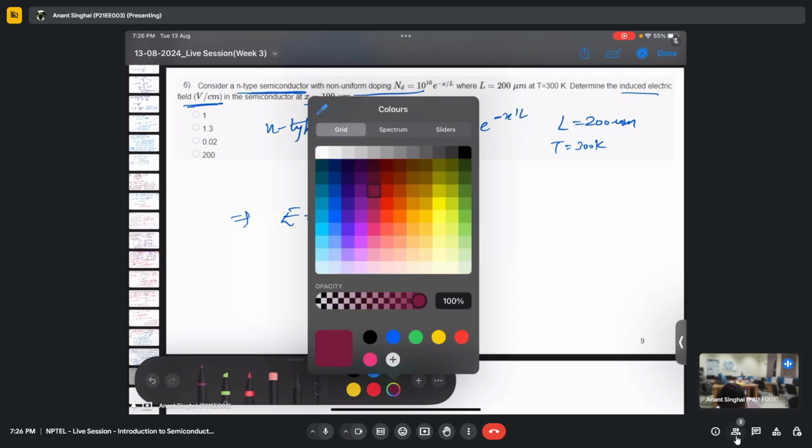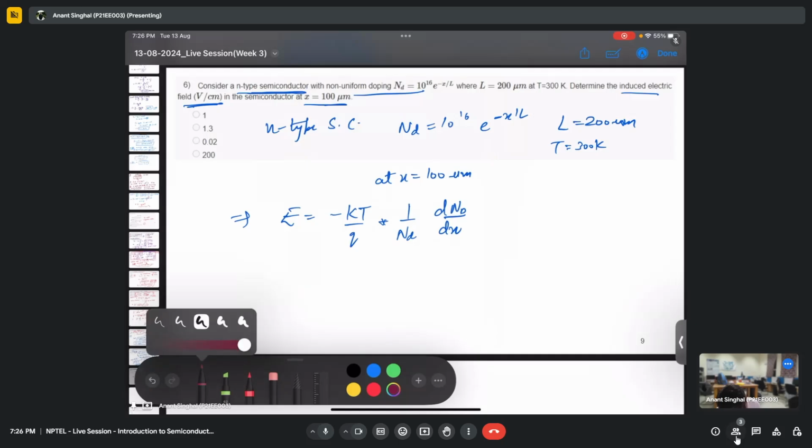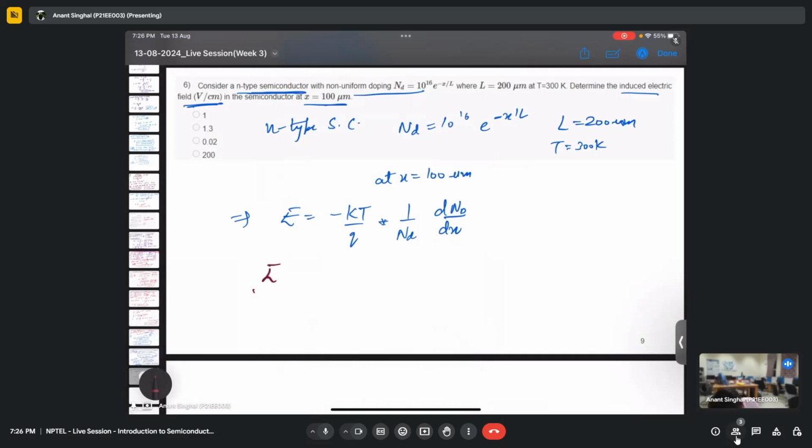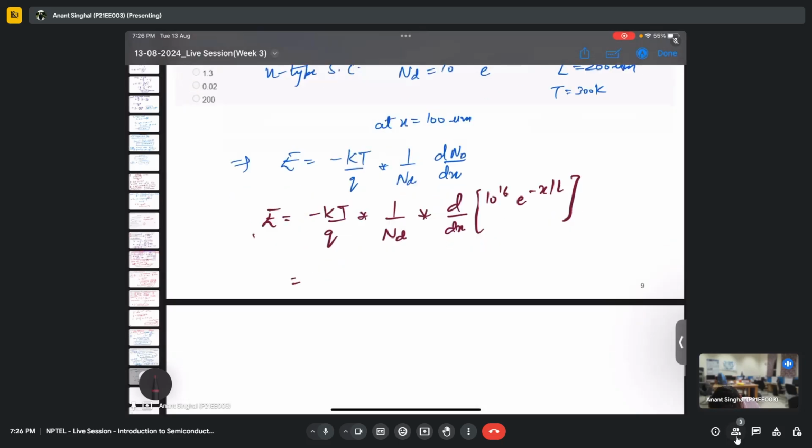I'll solve it quickly. So E is minus kT by q, 1 by N_D, times d by dx of the given N_D, which is 10^16 exponential of minus x by L. Taking the differentiation, 10^16 is constant, exponential of minus x by L, and minus 1 by L will come out because of the differentiation.